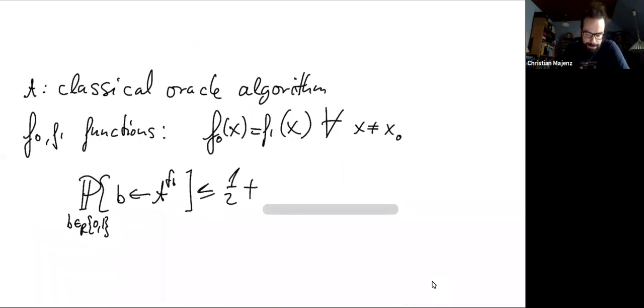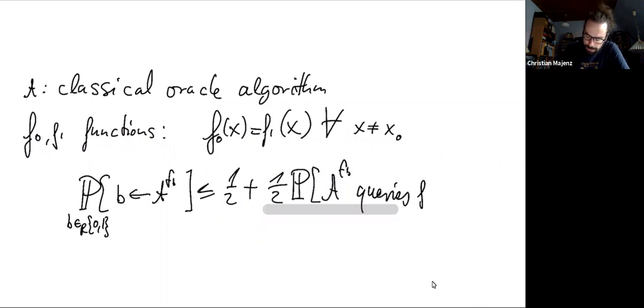So if you have two functions, f0 and f1, and they agree everywhere except on some special input x0, then if some algorithm A is provided with a function fb, a choice between f0 and f1 specified by a bit b, and tries to guess this bit b, which is chosen at random, then the success probability is smaller or equal to 1/2 plus 1/2 times the probability that A^{fb} queries fb on x0, right?